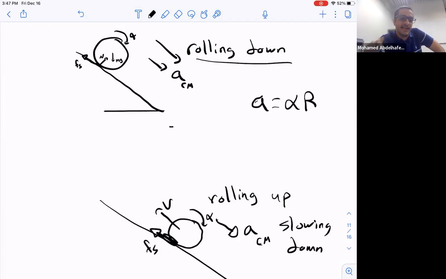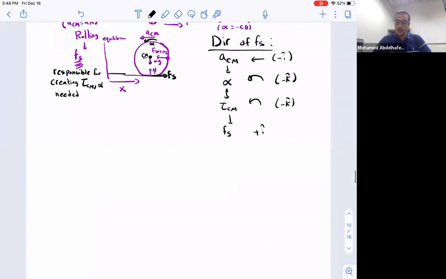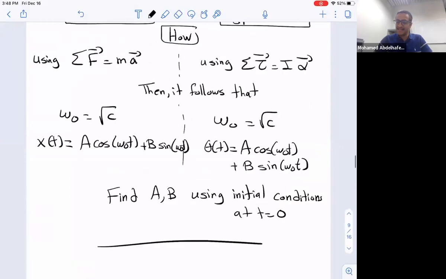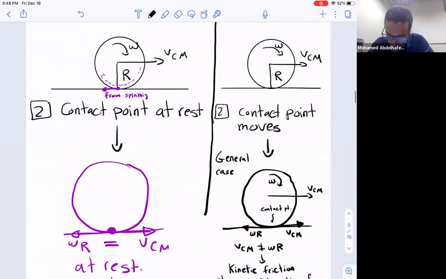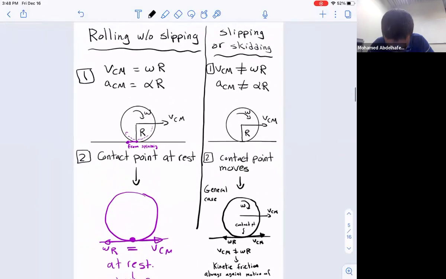Any questions about this in-class problem?